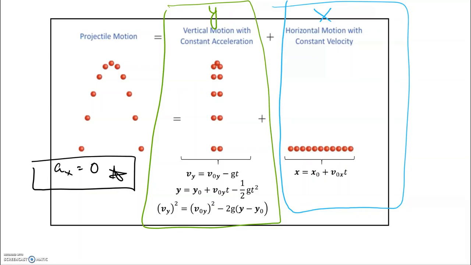Now the question you may have is, how are they linked? They have to be connected, because all we're doing is splitting up what this projectile motion is. We're splitting it up and only concerned with what's happening in the Y direction, and then what's happening in the X direction.